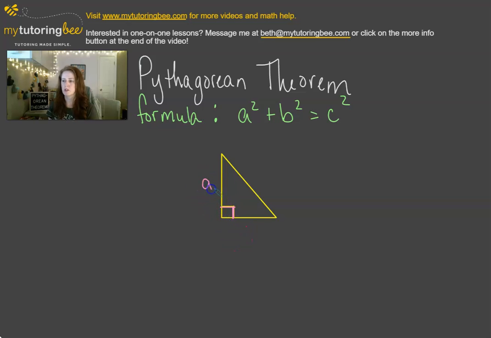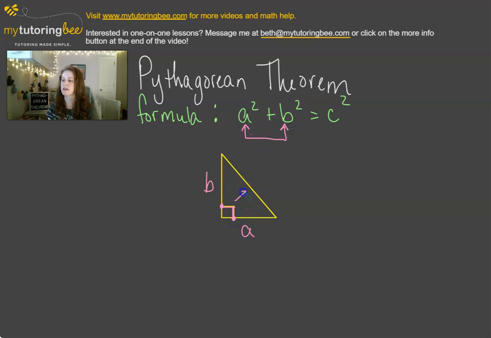It doesn't matter which one is A and which one is B. They can be switched, so we could label this one as B and this one as A instead, because in A squared plus B squared, because of the commutative property, we can switch the order of numbers or variables that are being added. So that's why it doesn't really matter which one is A and which one is B. But you know that these two are the A and B sides because that's where that 90-degree angle indicator is touching the two sides. It's the two sides that make up that 90-degree angle.